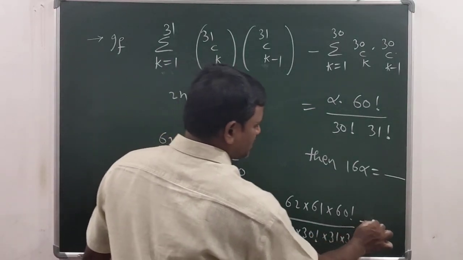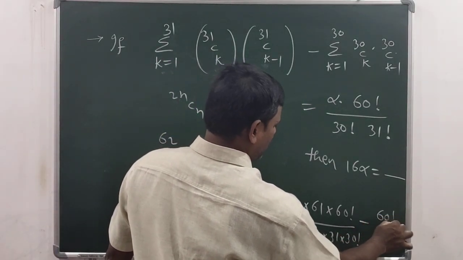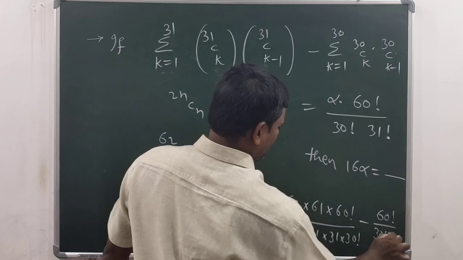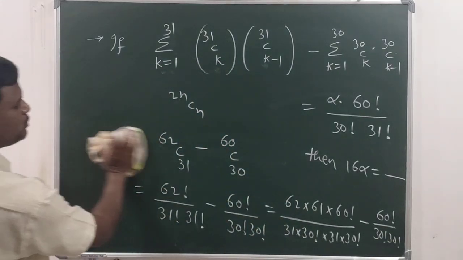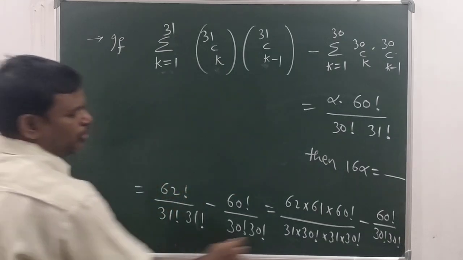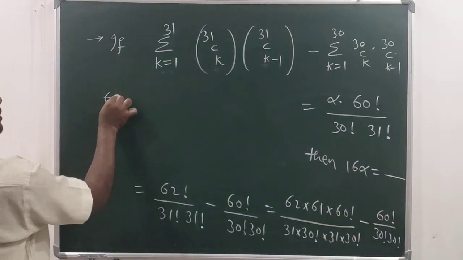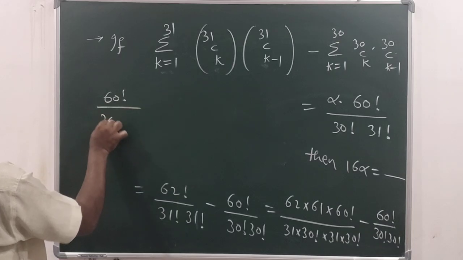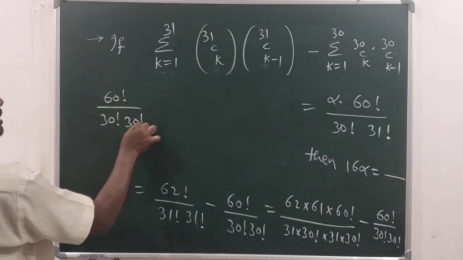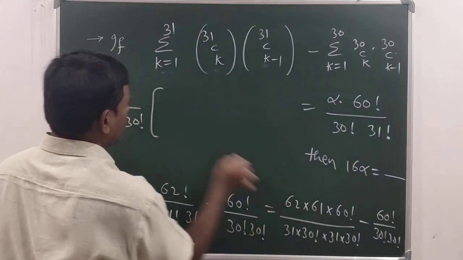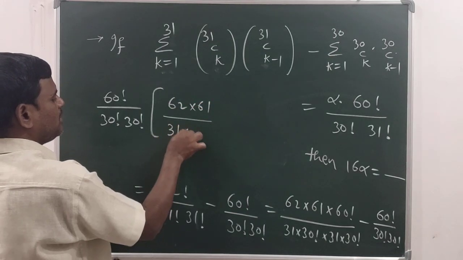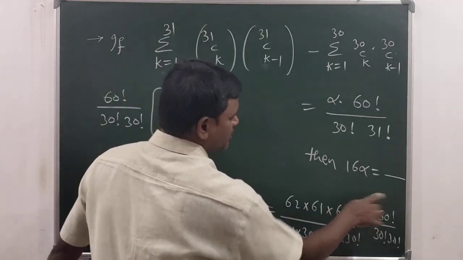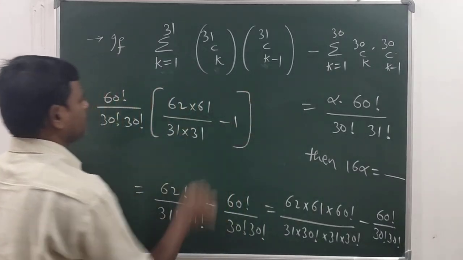Second one write as it is, 60 factorial by 30 factorial into 30 factorial. In the next step, students, I am going to take 60 factorial by 30 factorial, 30 factorial outside. Inside what is left? 62 into 61 by 31 into 31, here it is going to be minus 1.